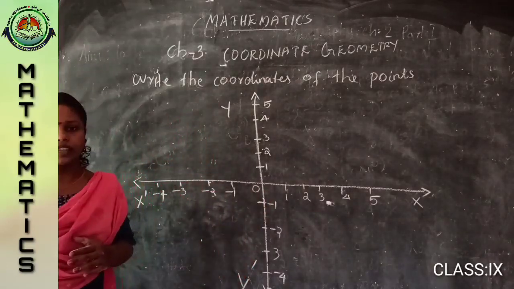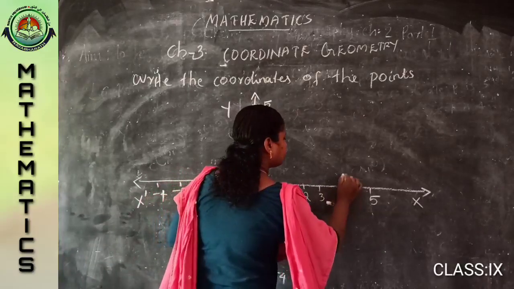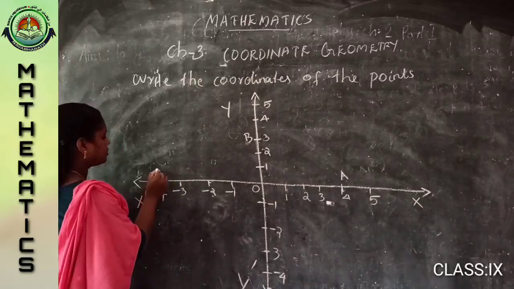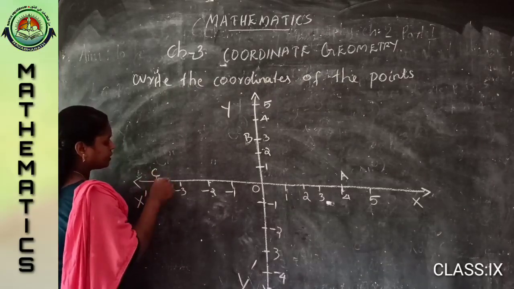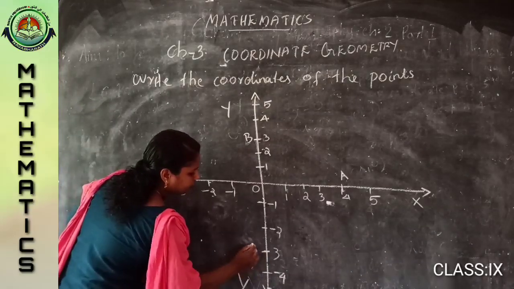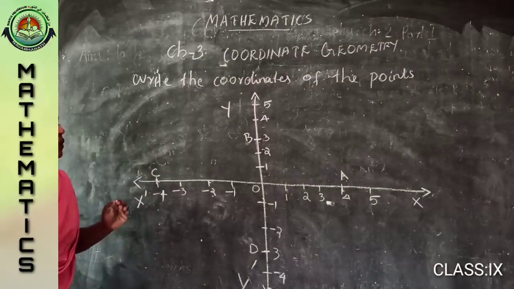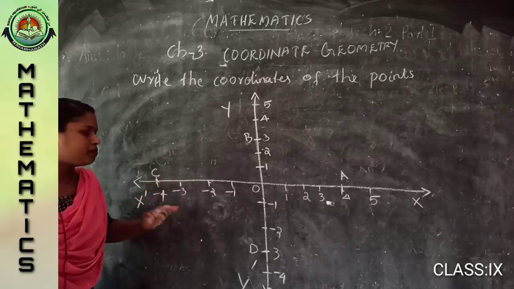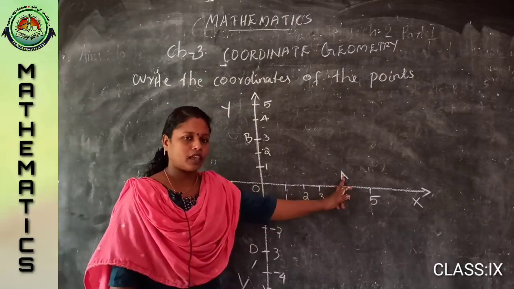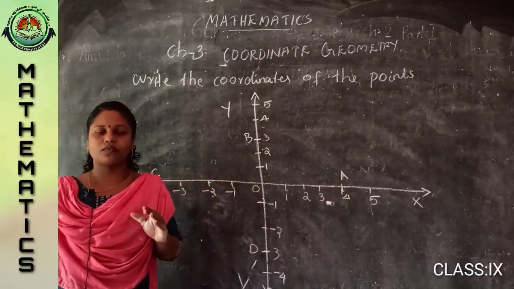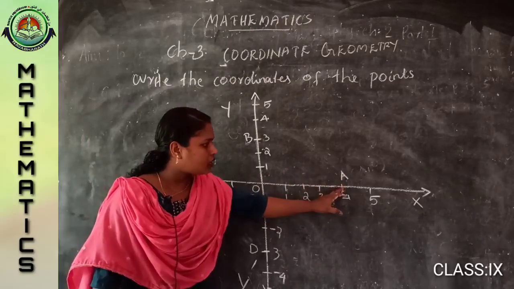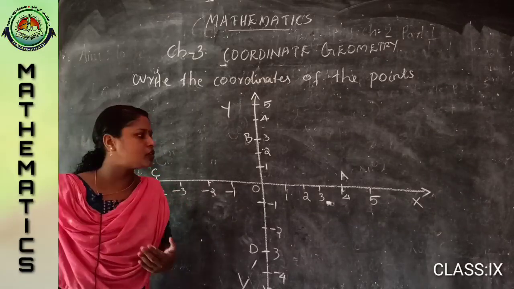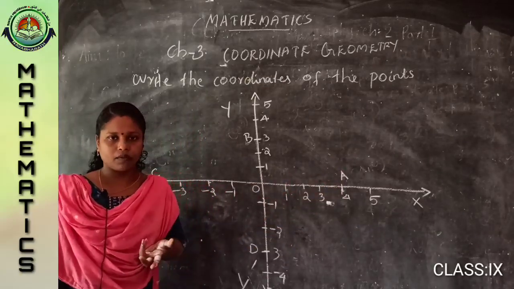Four points are given here: A, B, C, and D. We need to write the coordinates of these four points. How can we write the coordinates of A? The point A is on the x-axis.